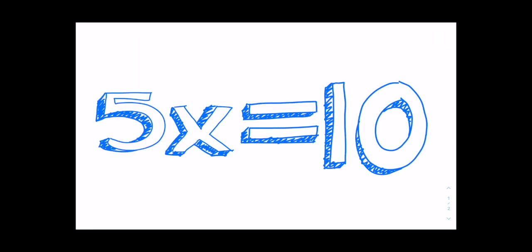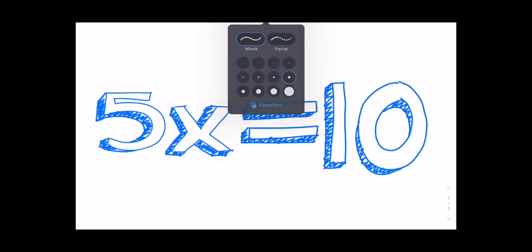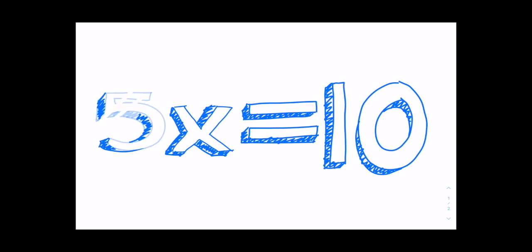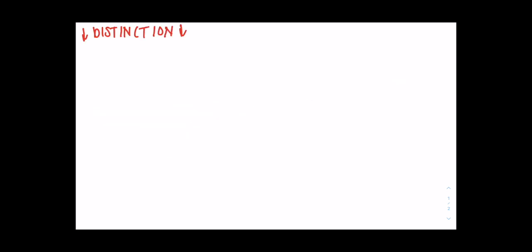Okay, so here we have 5x equals 10. But before we go about solving this equation, I want to make a distinction. It is appropriate to write 5x equals 10 in the following terms: 5 dot x equals 10, or 5 times, let's take x to be a different variable, m, since we're using the x multiplication, equals 10.